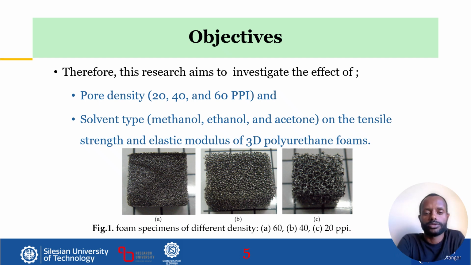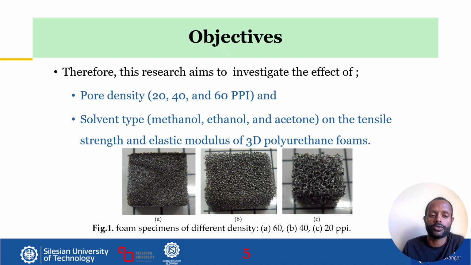So we come to the objectives. The main objective of this paper is to investigate the effect of pore density and the solvents on ultimate tensile strength as well as on elastic modulus. We used three pore densities, that is 20, 40, and 60 ppi, that means pores per inch. In order to make clear what 20, 40, and 60 ppi are, the first figure A is 60 ppi.